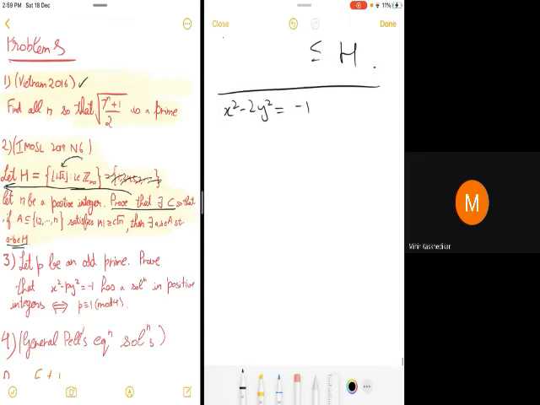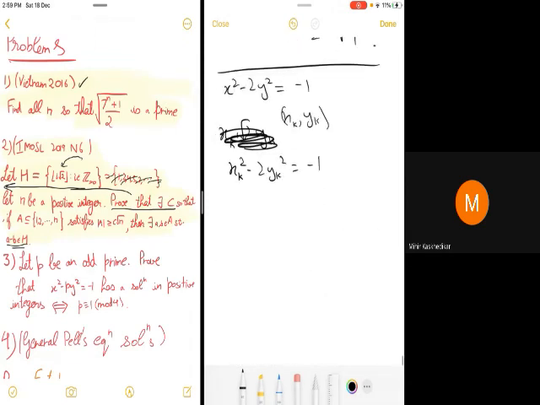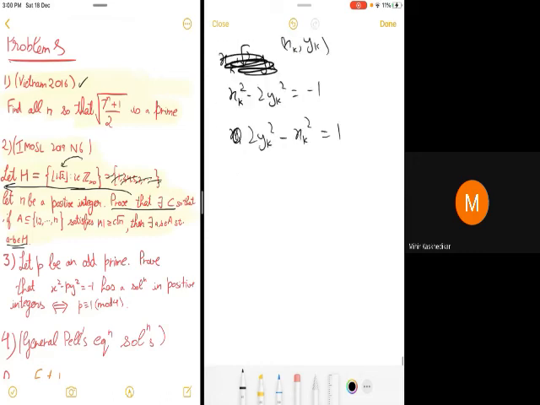If this has solutions xk, yk, then x square minus 2y square is minus 1, which means that 2y square minus xk square is 1, which means that (yk root 2 minus xk)(yk root 2 plus xk) is 1.